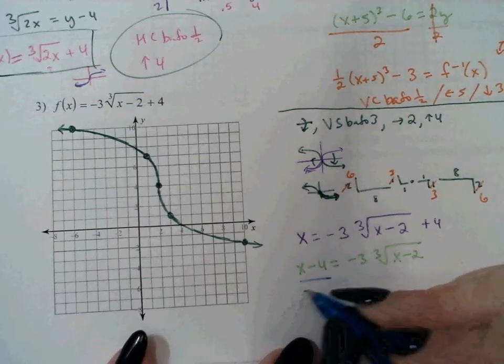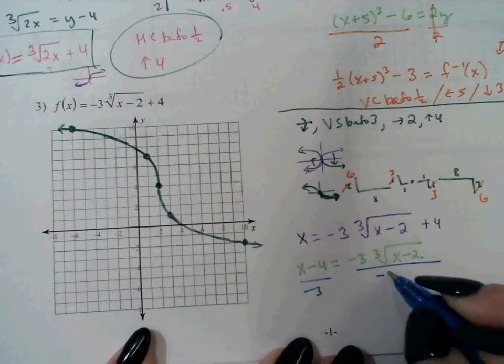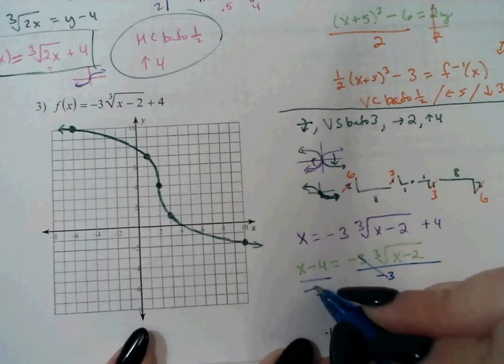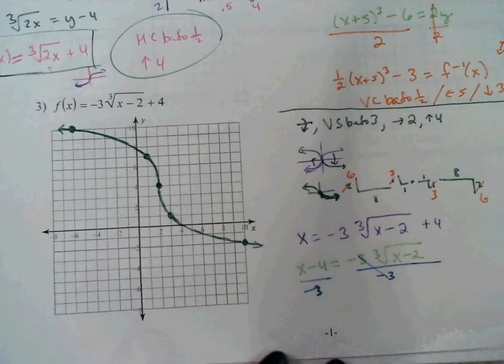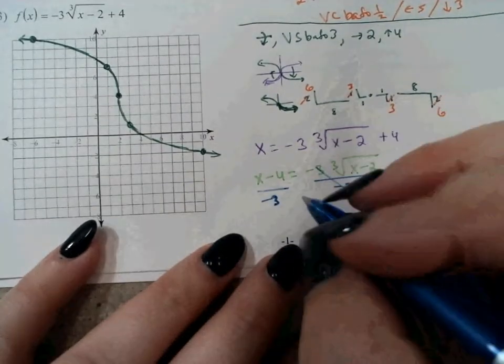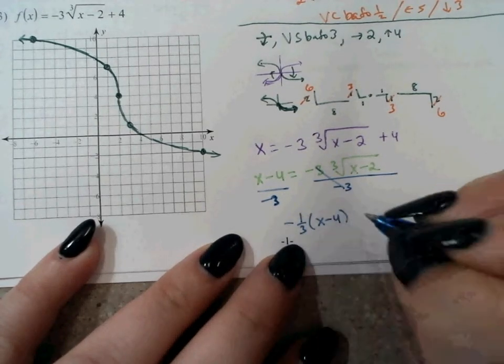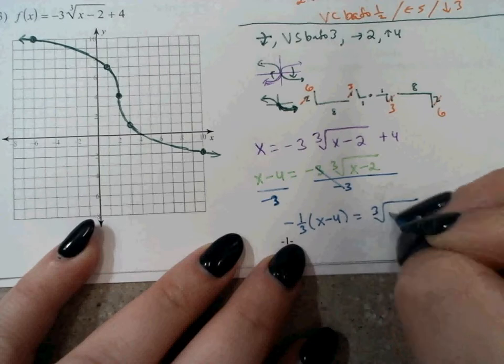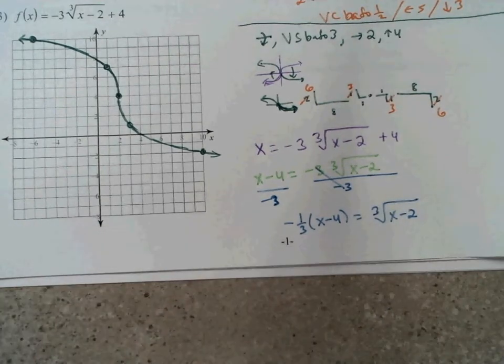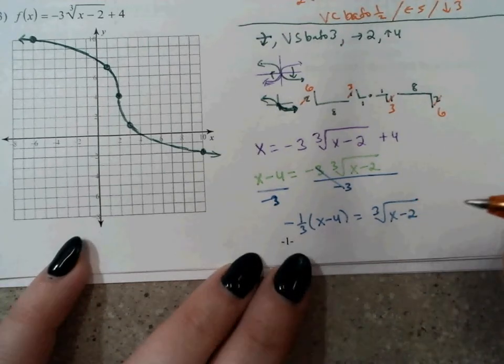You're not wrong if you put this. You're not wrong at all. But I will say mathematically, we do not leave negatives in the denominator. And I'd rather just write it like negative 1/3 times x minus 4 equals the cube root of x minus 2. It's more indicative of the transformations that are occurring.